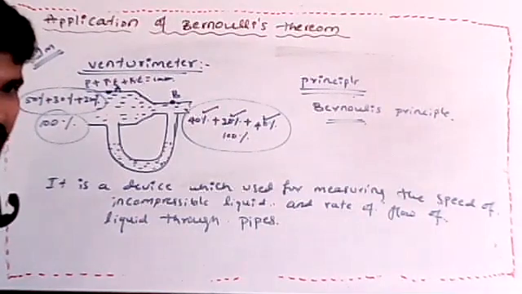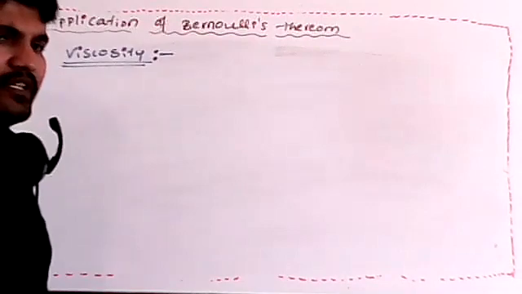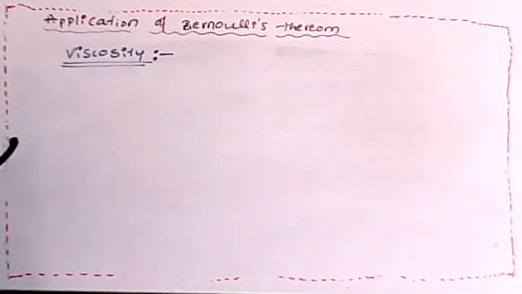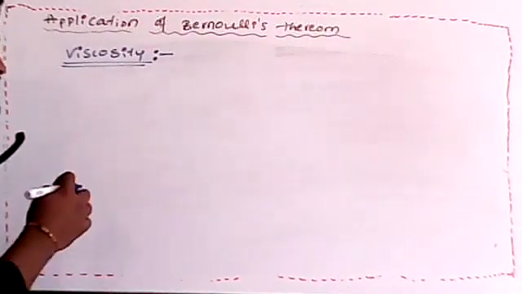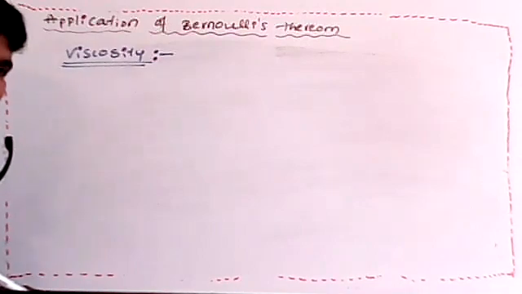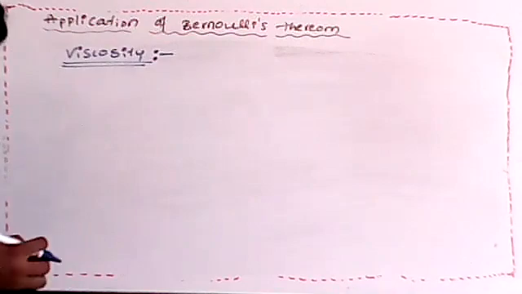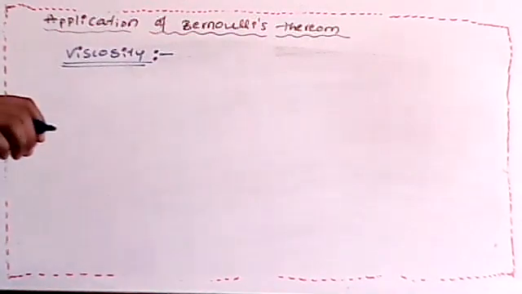Yes. So the next concept is viscosity. What do you mean by viscosity? You already know the word viscous. Viscosity is one of the properties of a fluid which resists or opposes the relative motion between the different layers of the liquid.